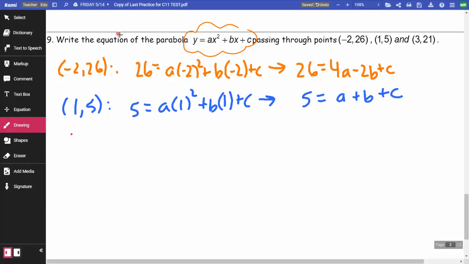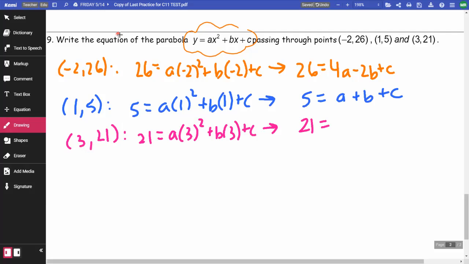And then I've got 3 comma 21. So I'm going to have 21 is equal to a times 3 squared plus b times 3 plus c. So 21 is equal to 9a plus 3b plus c.